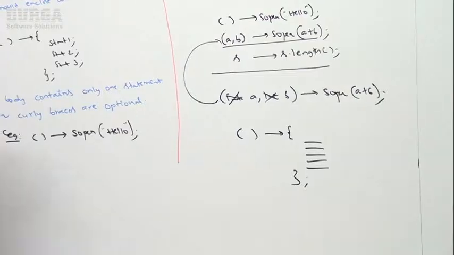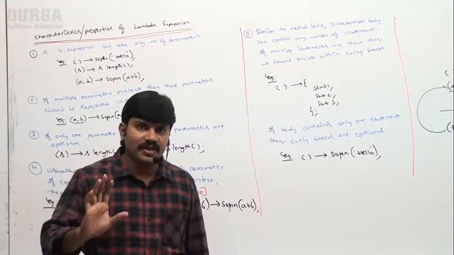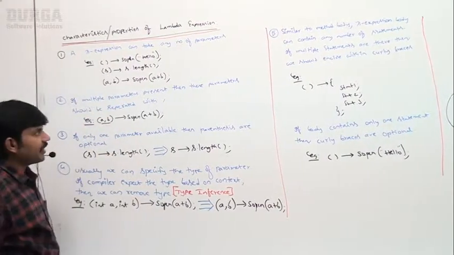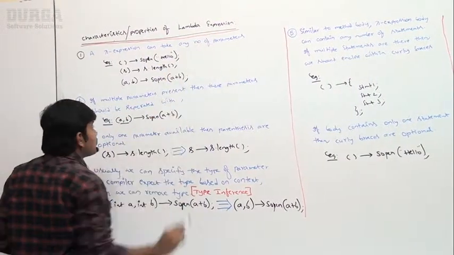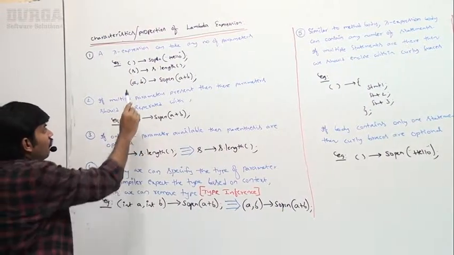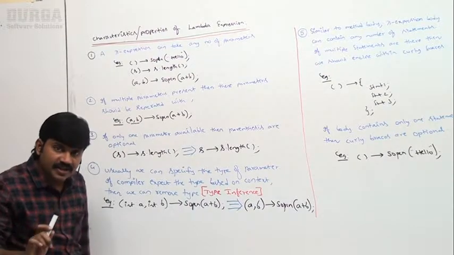Just have a look. Now I will summarize all characteristics or properties of lambda expression. Okay, now a lambda expression can take any number of parameters. Have you observed, right? First, zero parameters, one parameter or two parameters. Any number of parameters a lambda expression can take.